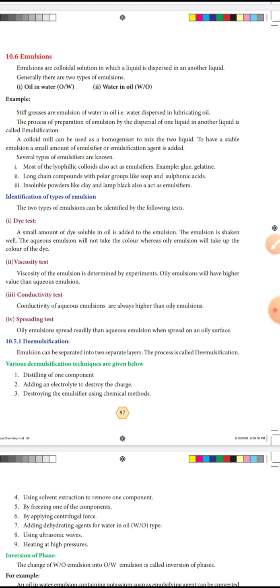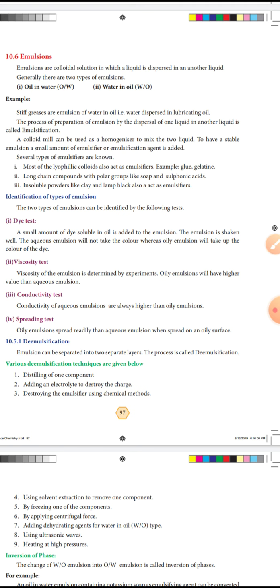That is the dye test. The second is the viscosity test. The viscosity of the emulsion is determined by experiment. Oily emulsion will have a higher value than aqueous emulsion. The third is the conductivity test.